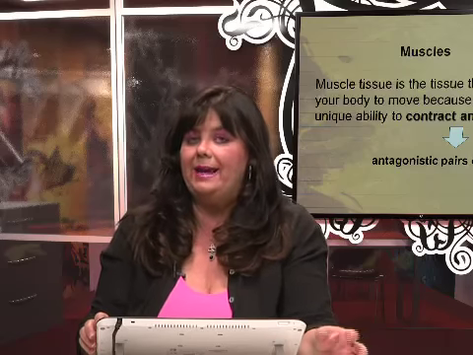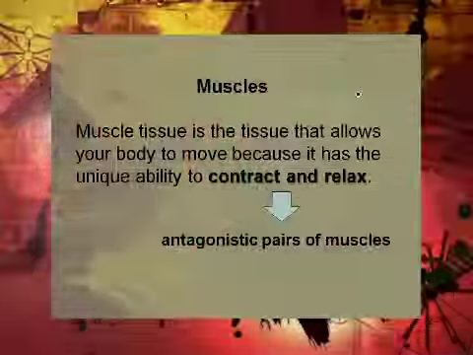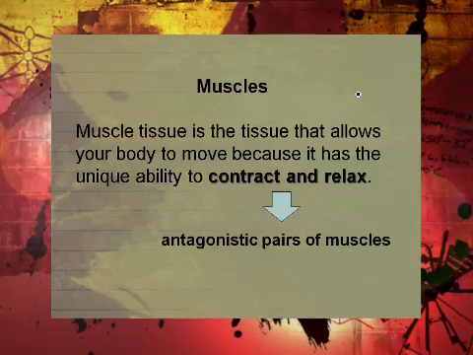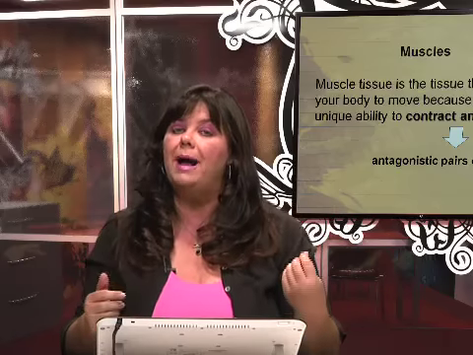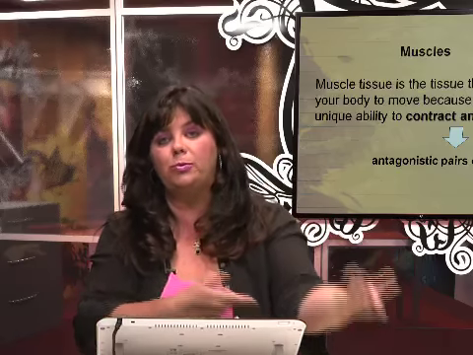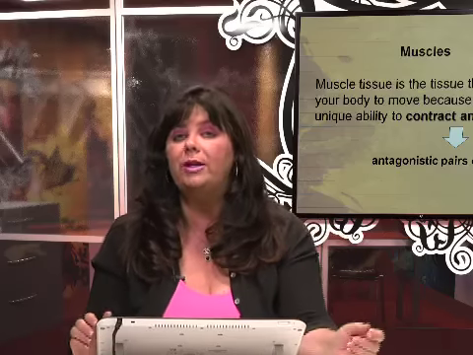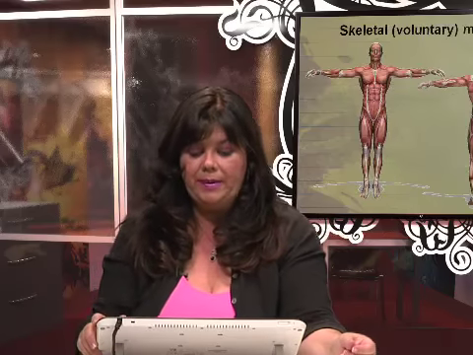And so we say that muscles work in antagonistic pairs. If you are an antagonist, it means you fight with somebody or you have an argument with somebody. So antagonistic muscles work against each other. The biceps contracts to pull your arm up, the triceps contracts to pull your arm down. They work in opposite directions.